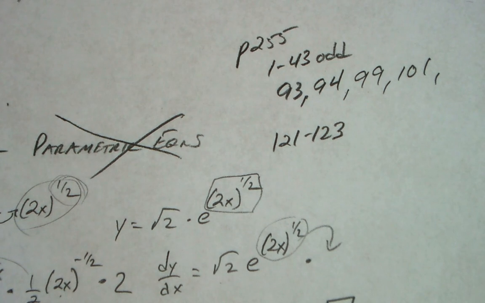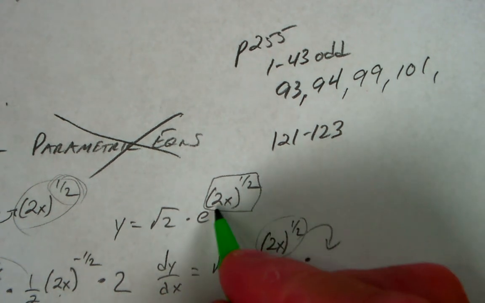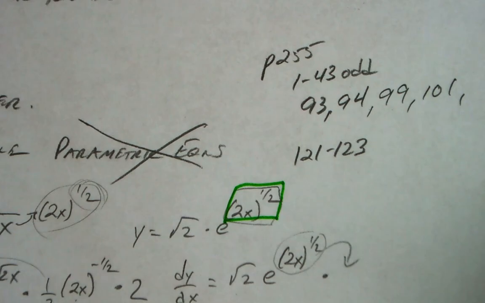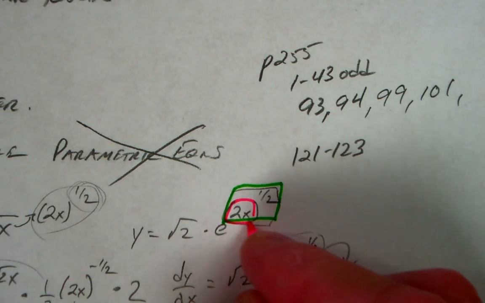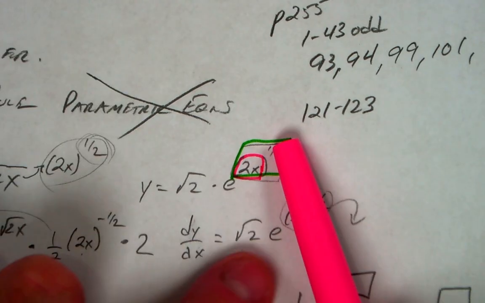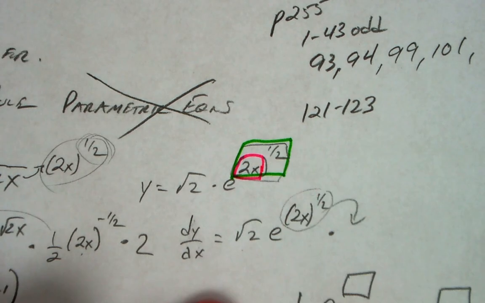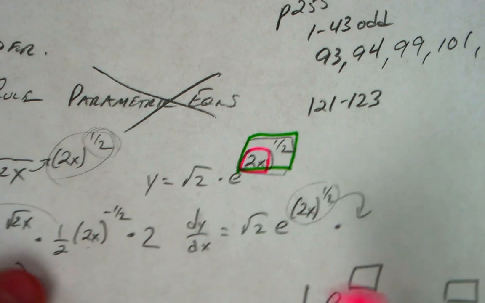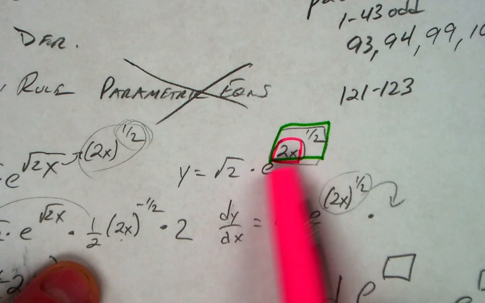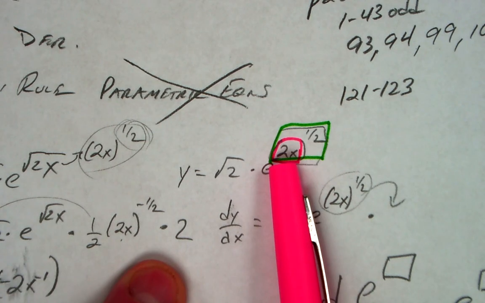So here was my first function, and here I have another nested function. The derivative of the green was this 1/2 times 2x to the 1/2, and then I had to take that times the derivative of the pink.